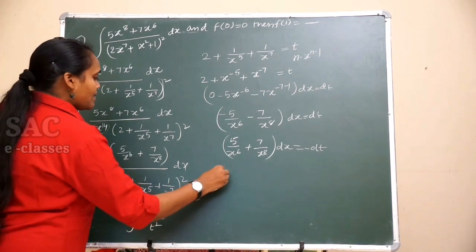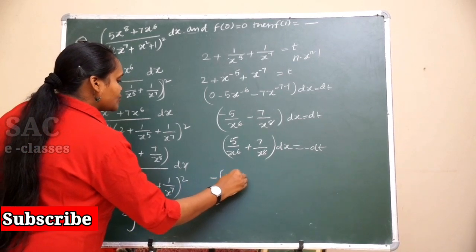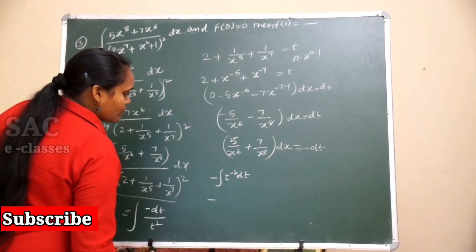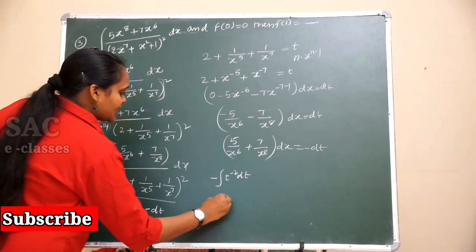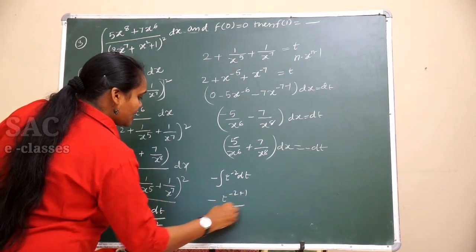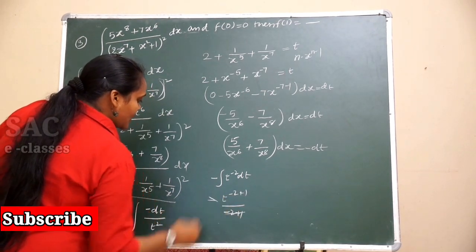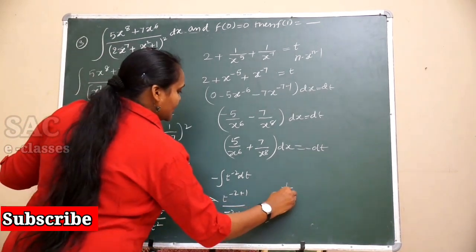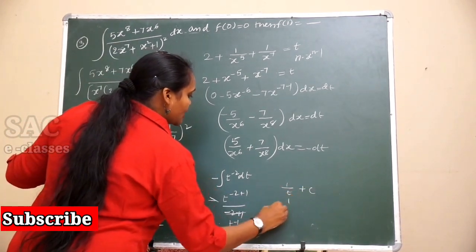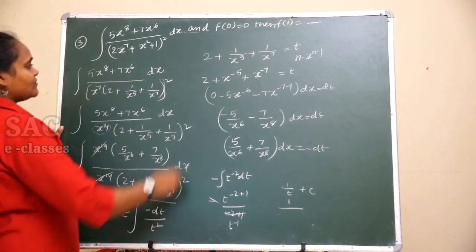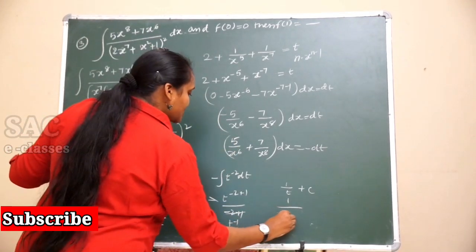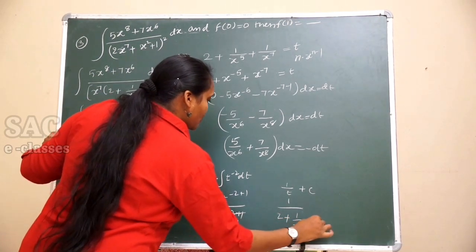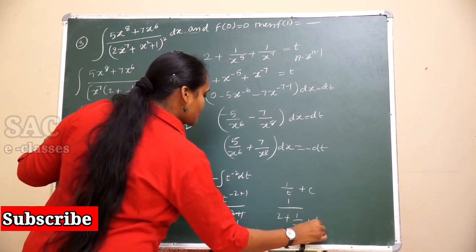Now express it as minus t power minus 2 dt. Find the integration of t power minus 2: it is t power minus 2 plus 1 by minus 2 plus 1. Negatives cancel, so t power minus 1, that is 1 by t plus c. Do you know what the t value is? Yes, t is 2 plus 1 by x power 5 plus 1 by x power 7.